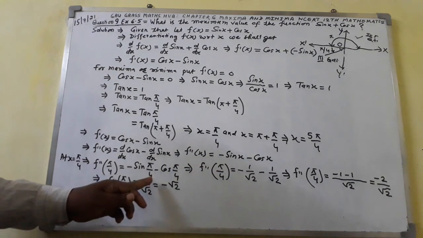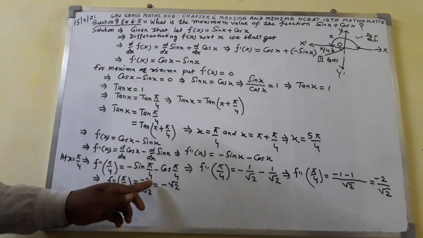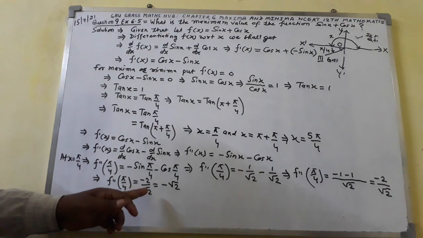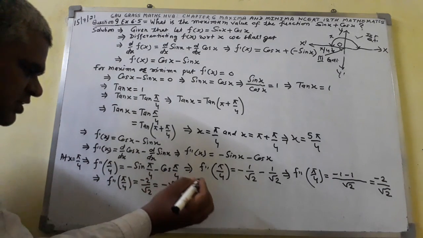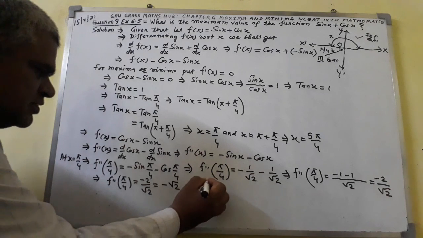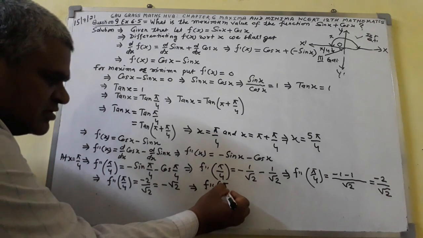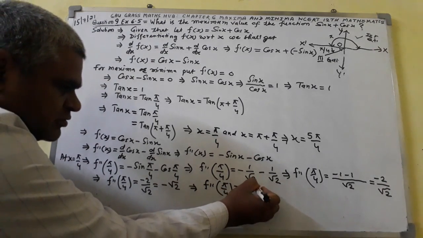Here numerator as well as denominator will get multiplied by plus under root 2, so you will get f double dash of pi by 4 is equal to minus under root 2.